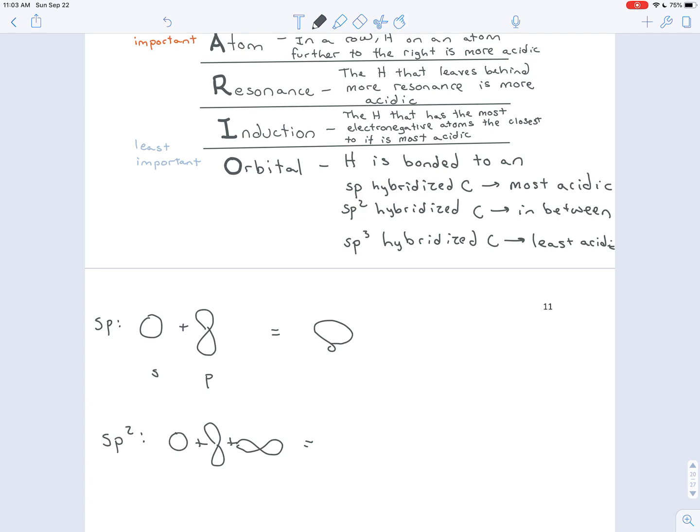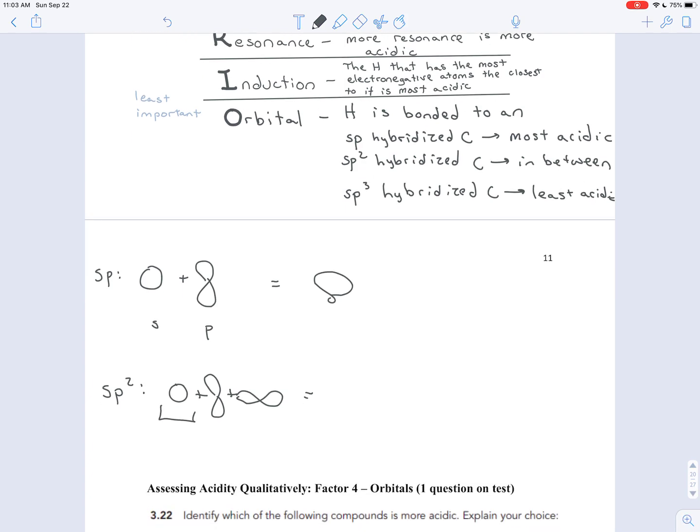You're mixing those, and now it's only a third s, whereas before it was half s. And so this starts to look a little bit more like a p orbital. It gets elongated a little bit. And finally, if it's sp3, well, now you're adding the s orbital to 3 p orbitals. So now the s orbital is only 25% of the final orbital, and it looks a lot like a p orbital.